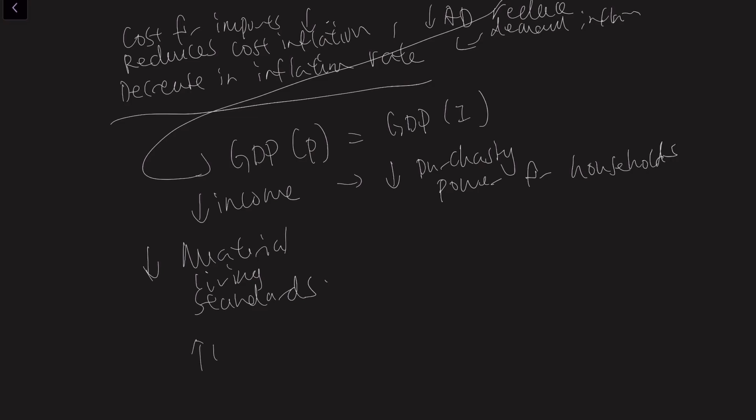Also, higher unemployment may cause a decrease in non-material living standards, because unemployment is generally associated with a higher chance of depression, financial insecurity, things like that, which decrease the happiness of life, thus decreasing the non-material living standards.